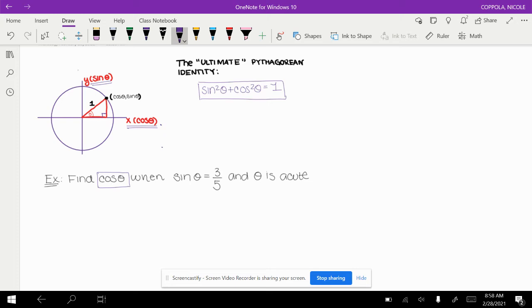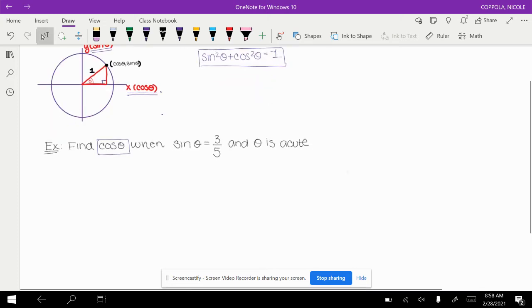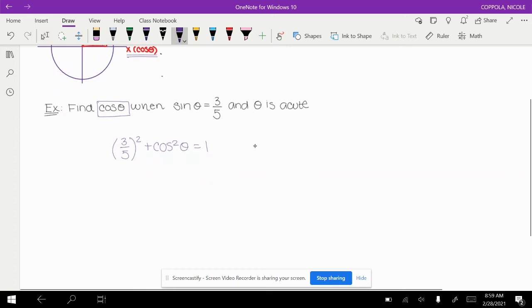And we can use the fact that sine and cosine are connected using this Pythagorean identity. So I'm just going to sub in. Sine theta is 3/5, so I have to do sine squared plus cosine squared is equal to 1 using that Pythagorean identity. All right, so I've got 9/25 plus cosine squared.